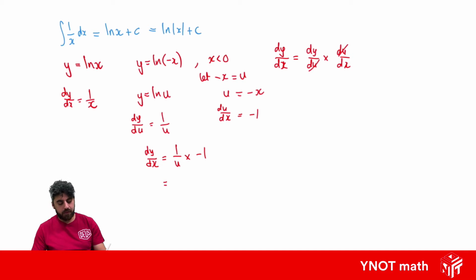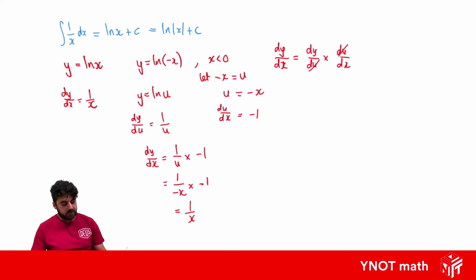And u, remember, was equal to minus x. So we have 1 over minus x times minus 1, which is 1 over x. So if we had the function log of minus x, the derivative ended up being 1 over x as well.